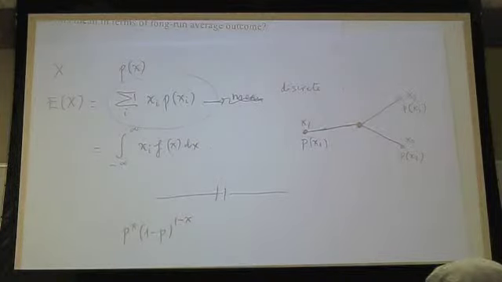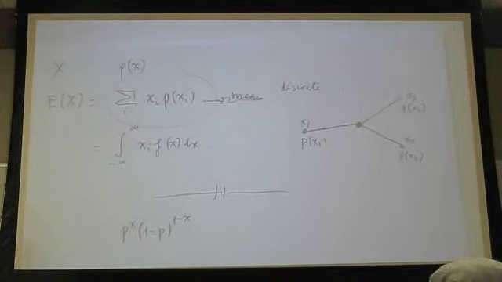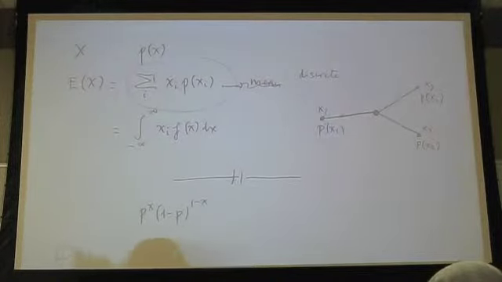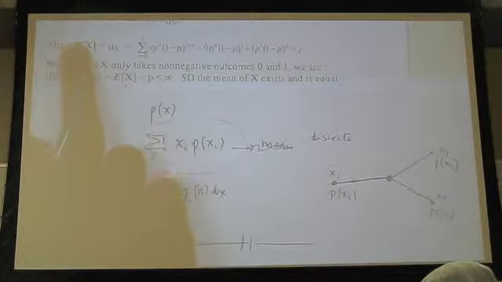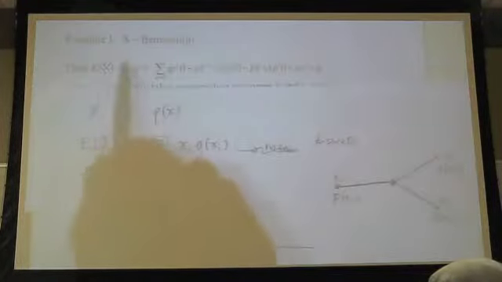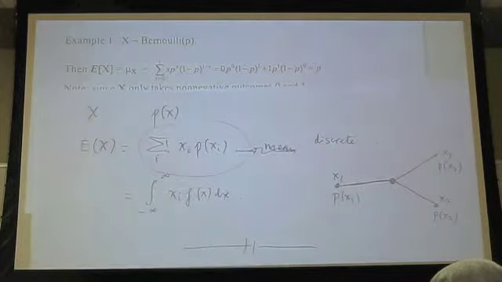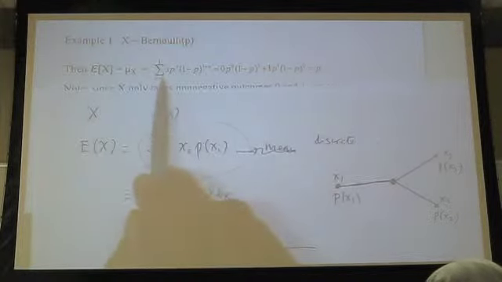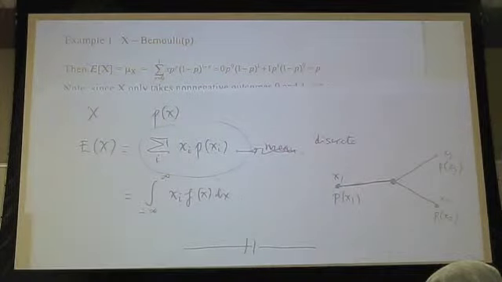Right? Is that clear? So now, how do I compute the expected value for the Bernoulli thing? I'm trying to calculate the expected value for the Bernoulli trial. How do I do that? Exactly, so I'm going to do the sum, correct? Over i, and remember you have only two outcomes, 0 or 1.